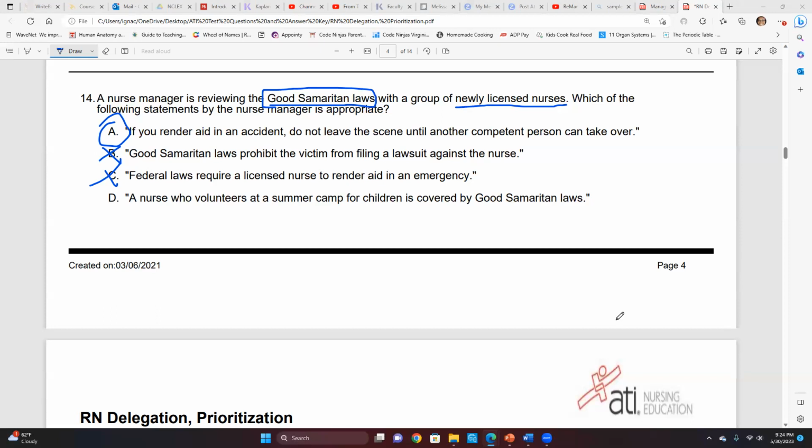That's what happens when we start caring for a patient because we are nurses. Now, if you were a lay person, then it would cover you. If you were trying to render aid and the person got hurt a little bit worse, that would cover you because you were just trying to help the person. Does that make sense? The difference between a nurse and a lay person?